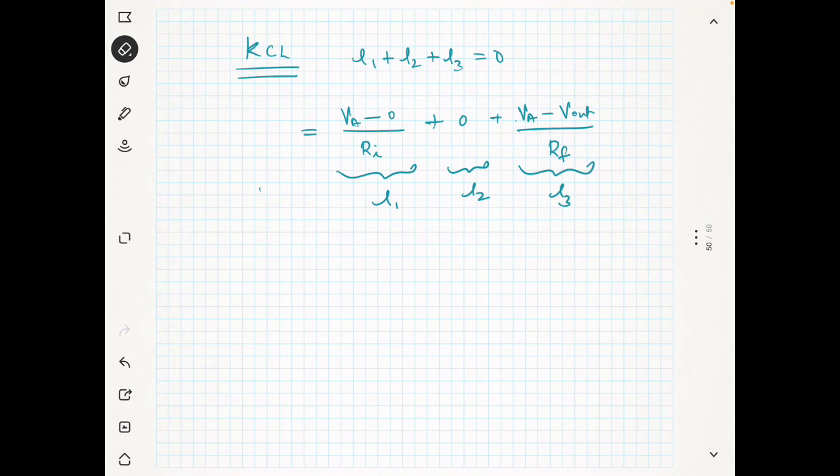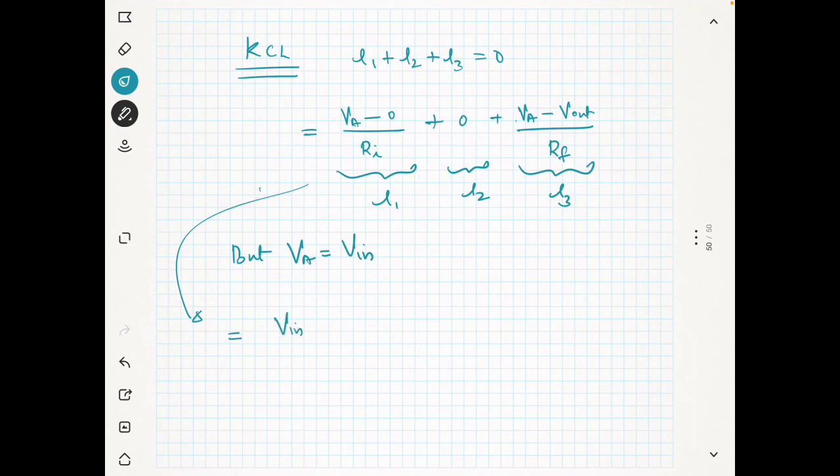Now we have VA equal to V in. So I can substitute in this equation: V in minus 0, plus VA minus V out divided by RF, is equal to 0, right?